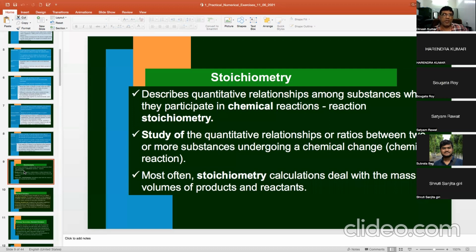Whenever you go to the laboratory, most of the time you make solutions, take a particular volume, and then react one or two solutions, mix them, and see their reaction products. So these are actually part of the subject stoichiometry.